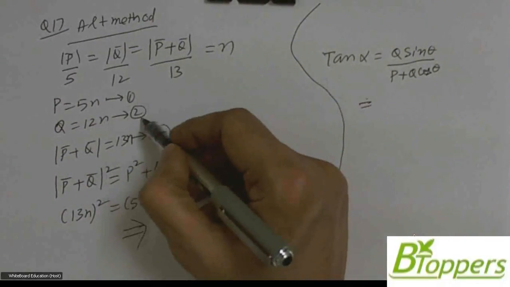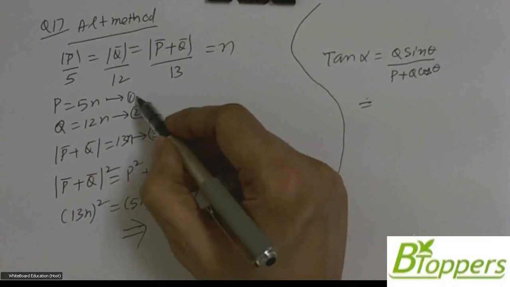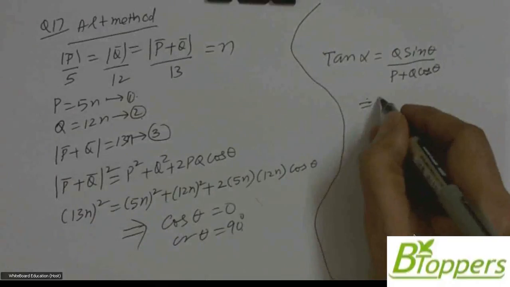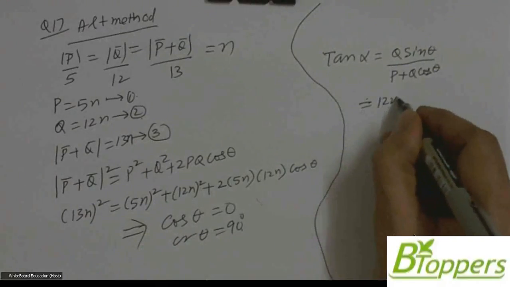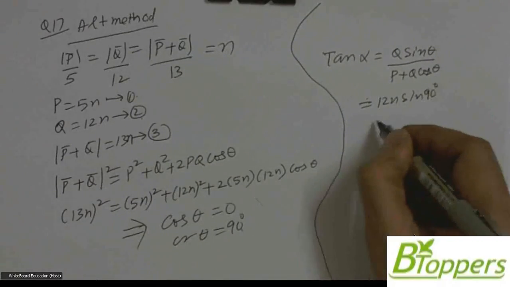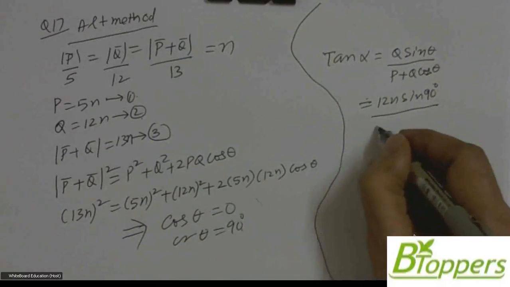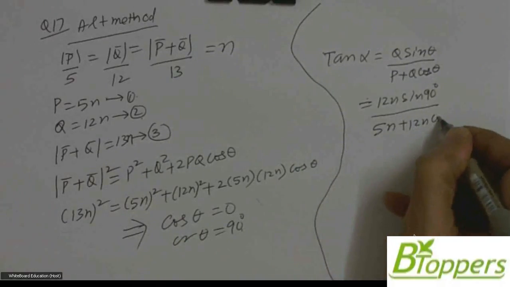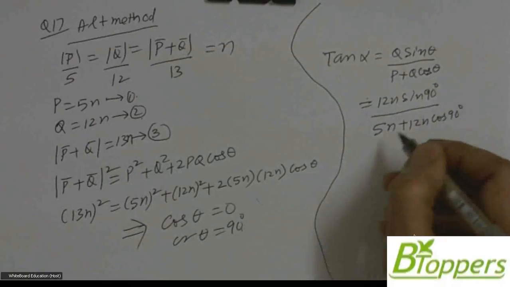You can substitute again here q equal to 12n, p equal to 5n and theta equal to 90 degrees.